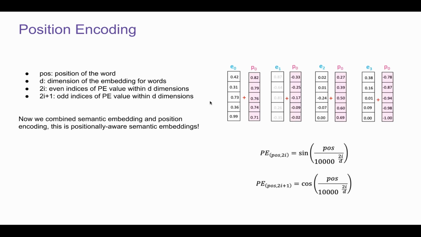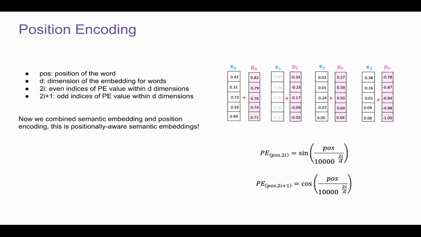I just put random numbers. Now we combine the semantic embedding, which is E0, E1, E2, E3, and the position encoding, which is P0, P1, P2, P3. We combine those and we have positionally aware semantic embeddings, which is what we want.